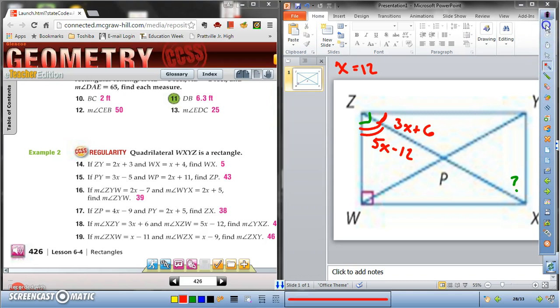Okay, so how do I take the given information and relate it to the angle that I'm asked for? Well, one of the characteristics that exist for a rectangle is that opposite sides are parallel, because this is a parallelogram. So I know that ZY is parallel to WX.